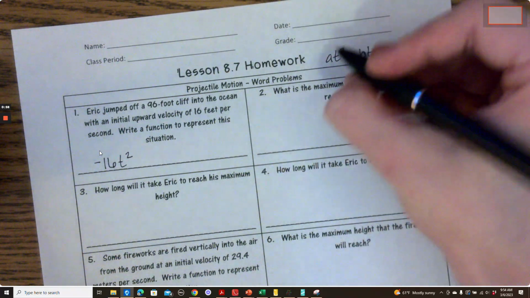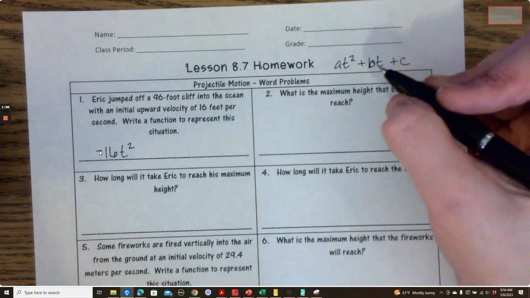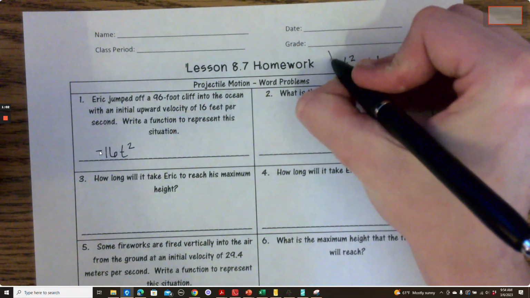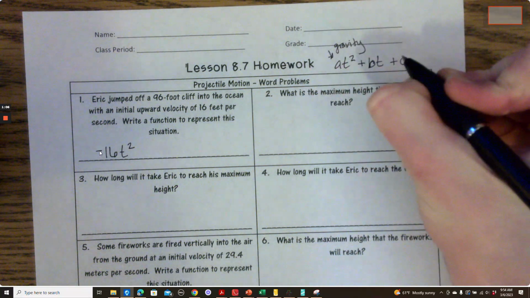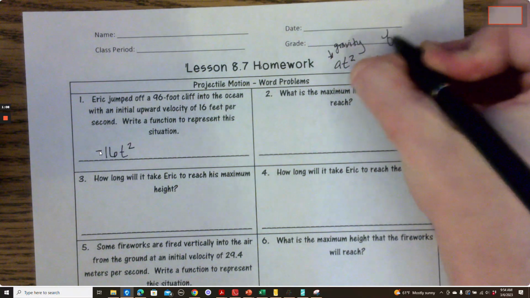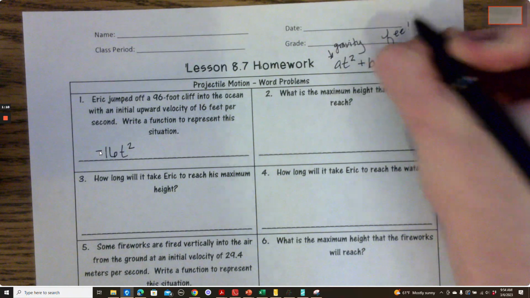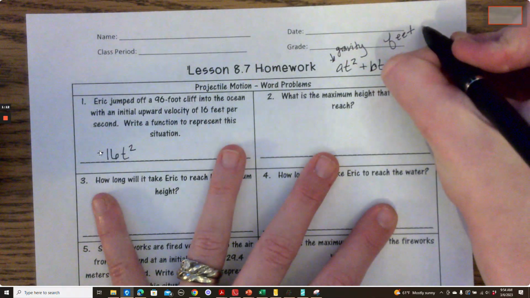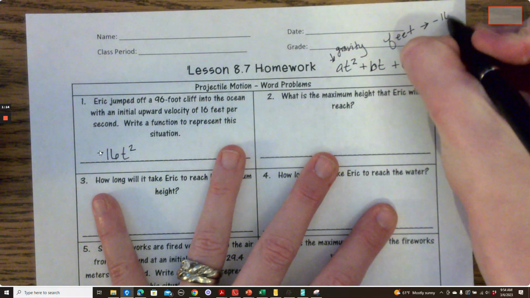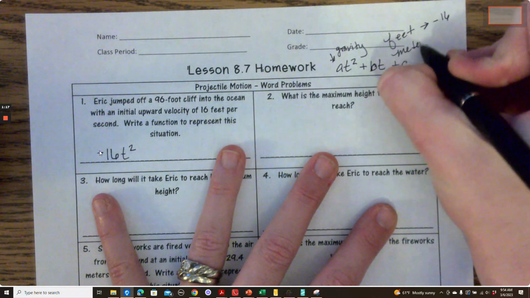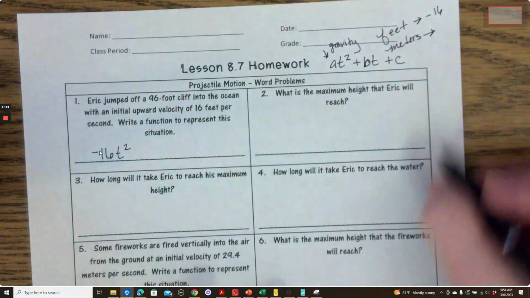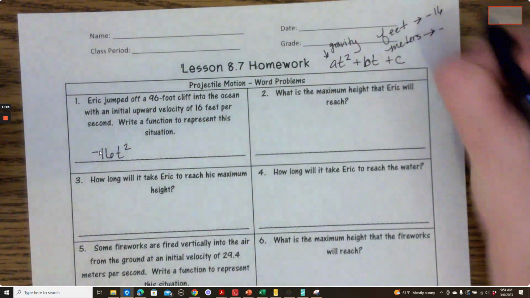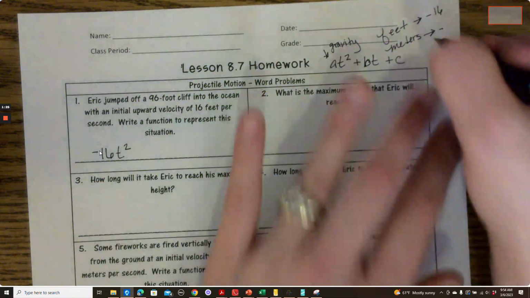The a is going to be the force of gravity. If they give you the information in feet, that a value is going to be negative 16. If they give you that information in meters, that number is going to be negative 4.9.